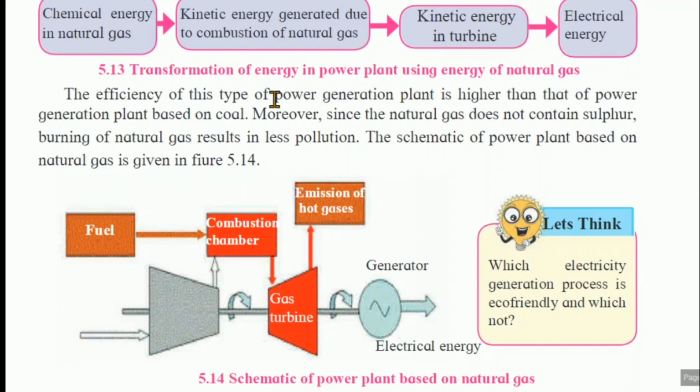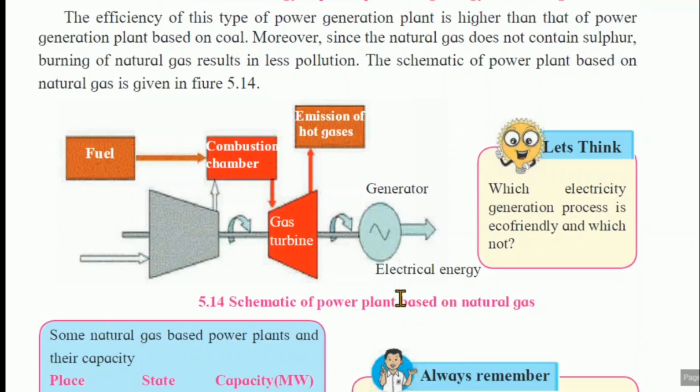The efficiency of this type of power generation plant is higher than that of a power generation plant based on coal. Moreover, since natural gas does not contain sulfur, burning of natural gas results in less pollution. The schematic of the power plant based on natural gas is given in figure 5.14.